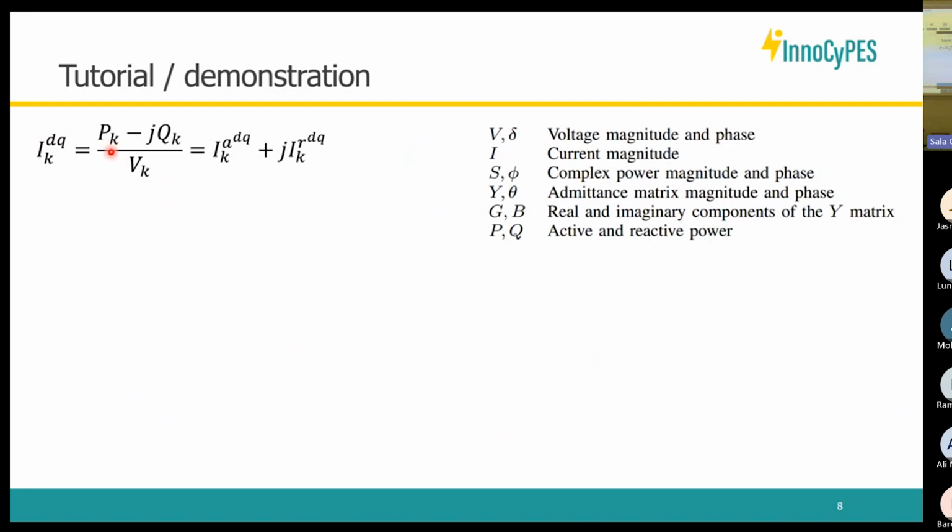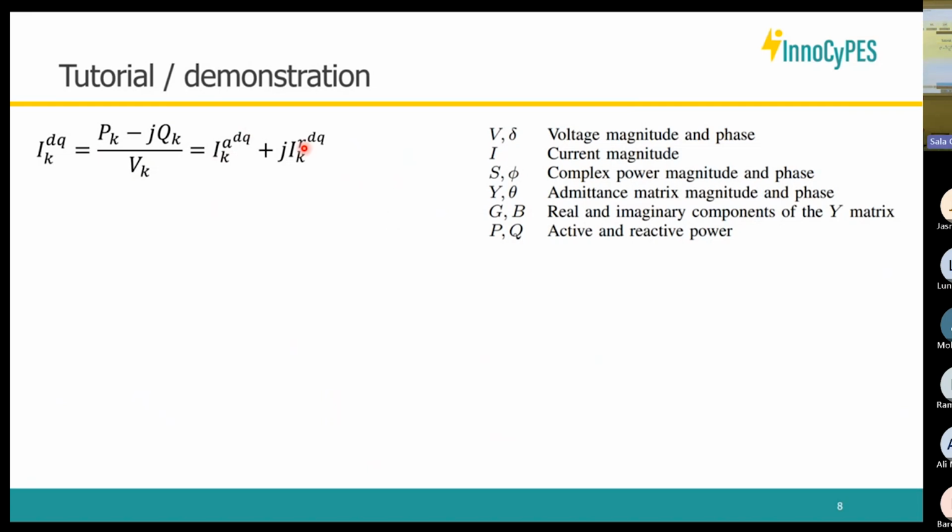Active power minus j, the imaginary element, times the reactive power, divided by the voltage magnitude, only the magnitude. The phase doesn't matter. So in the DQ frame, it is like this because it is aligning the currents with the D and Q frames.